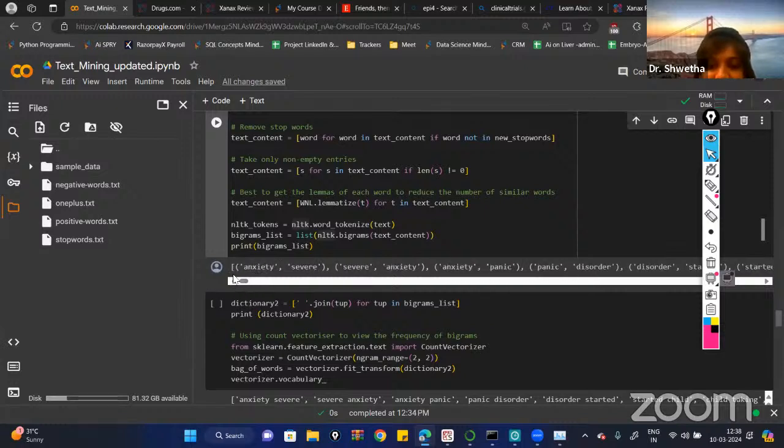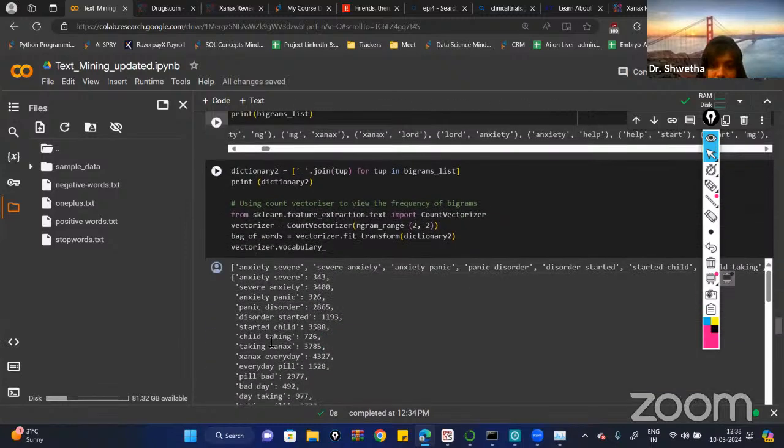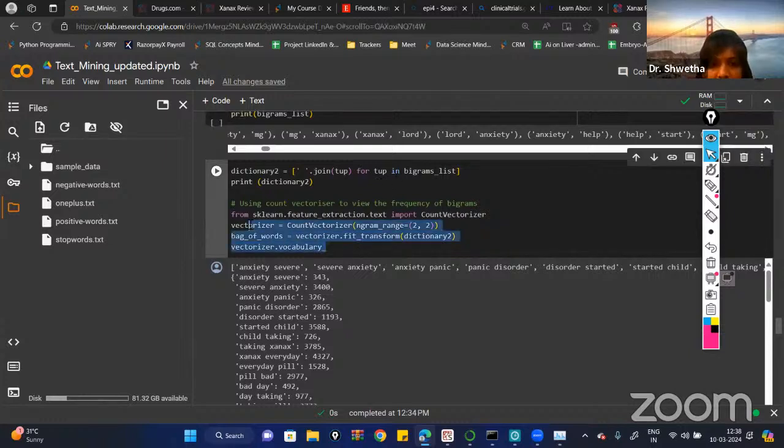Severe anxiety, anxiety severe, anxiety panic. These were the most used words in sequence. Okay. After that, we can go for creating a dictionary and then vectorize it. Vectorizing will show us how many times each of the words were repeated.